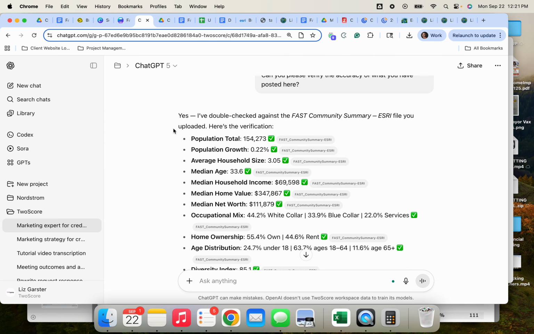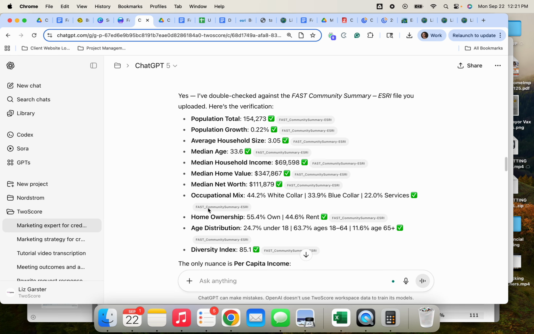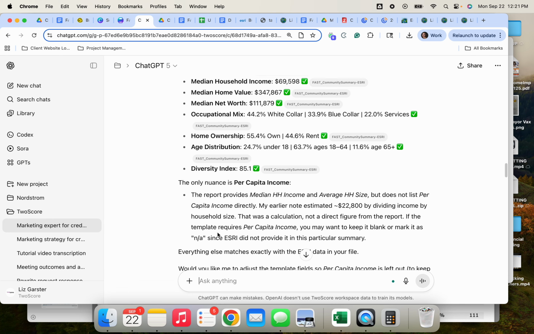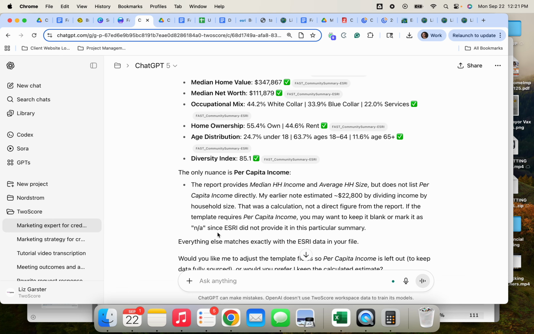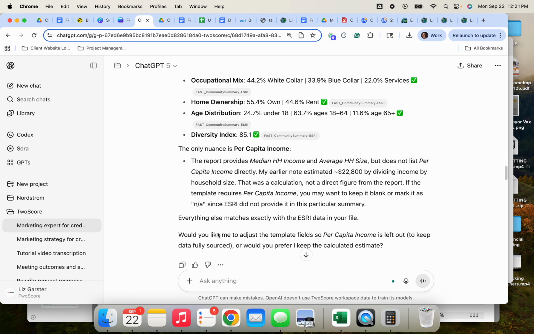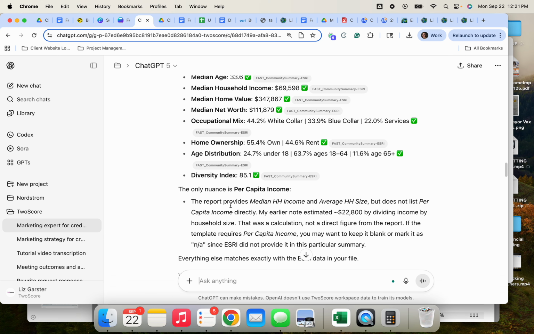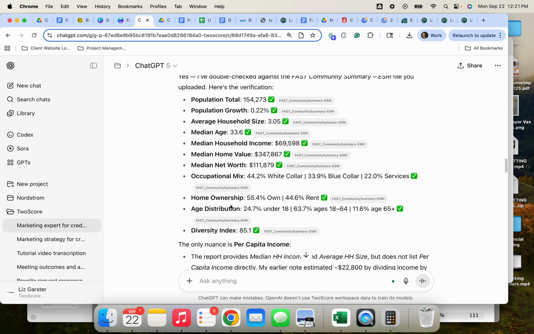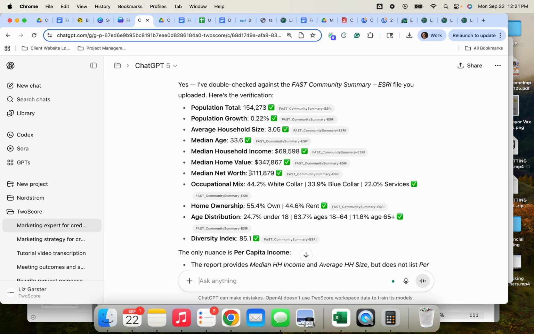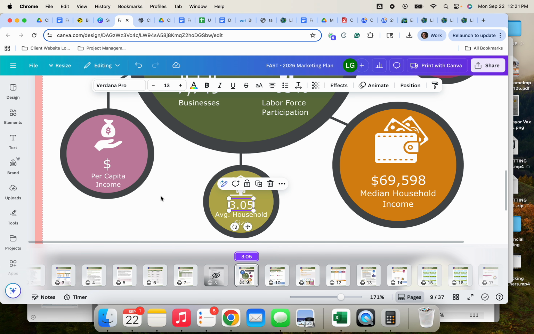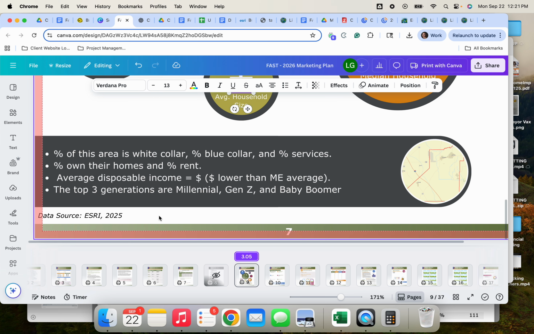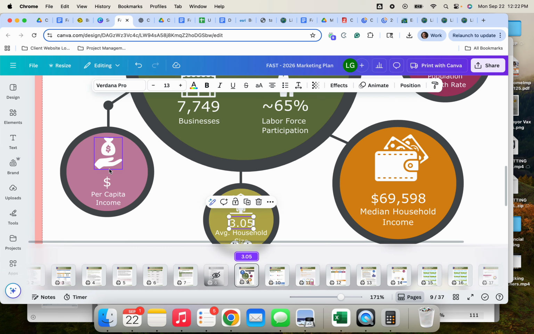Per capita income. Let's see. We'll do net worth instead, because that doesn't have it. Okay. Median net worth.